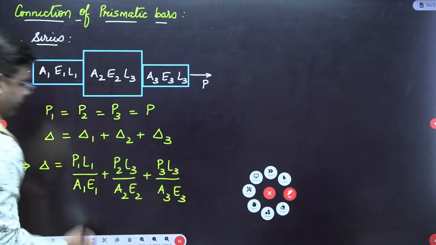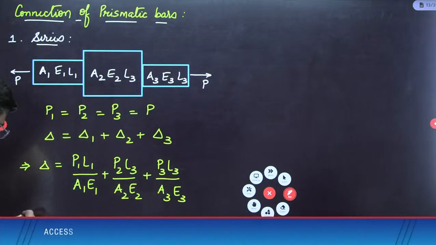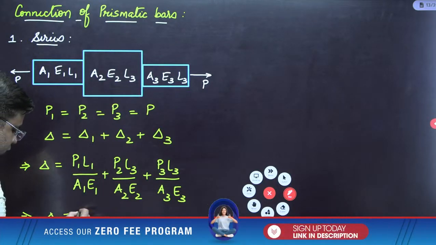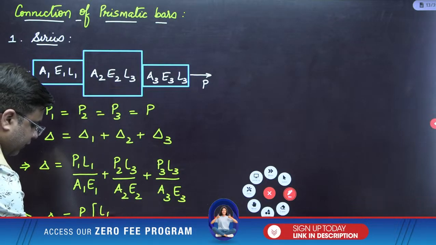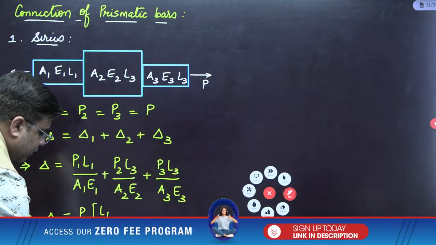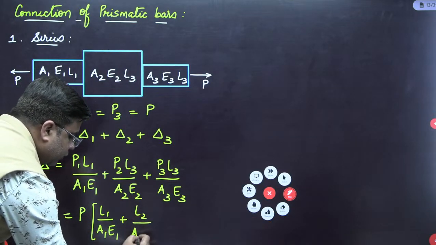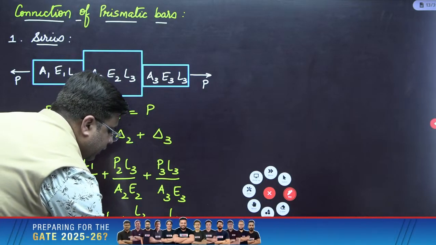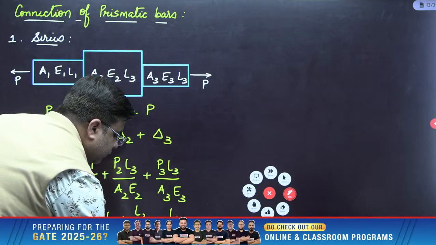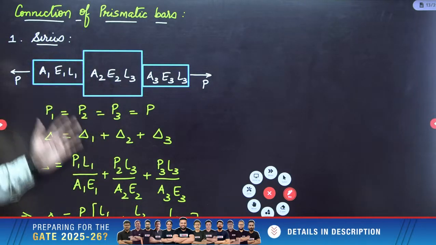Now I know that P1 is equal to P2 is equal to P3, so I have to simply write down delta is equal to P times the bracket of L1 upon A1 E1 plus L2 upon A2 E2 plus L3 upon A3 E3. Okay, so these are the bars connected in series.